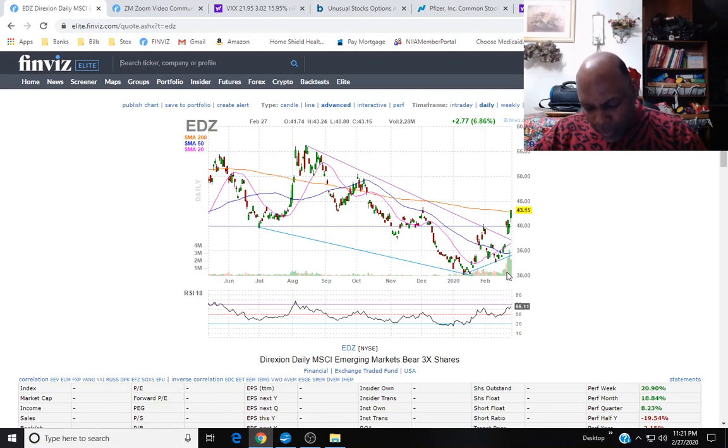And being that we have the coronavirus going on, the Asian markets are being hit real hard. And being that this is what they call a bear ETF, that means when the emerging market stock market prices go down, like they are now because of the coronavirus, this ETF's price goes up.